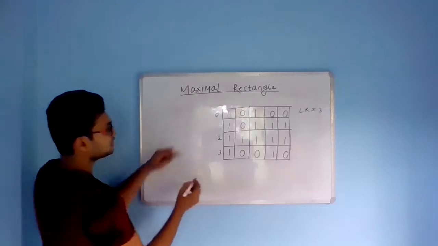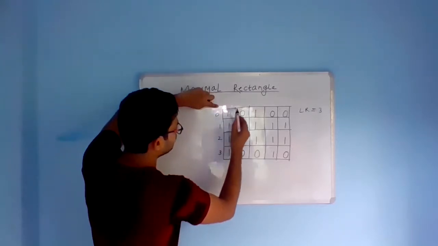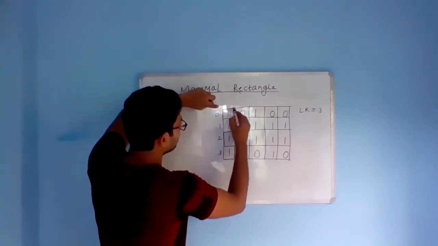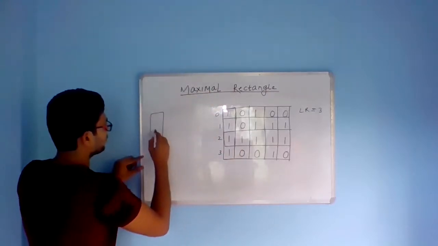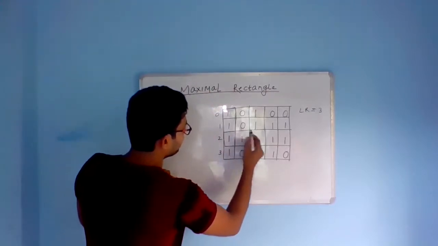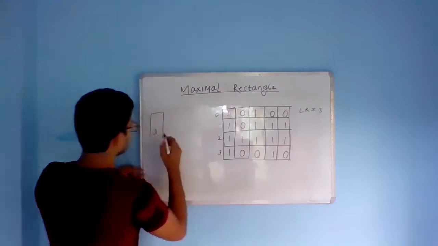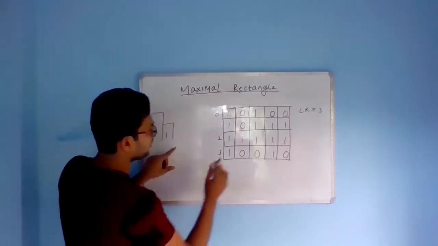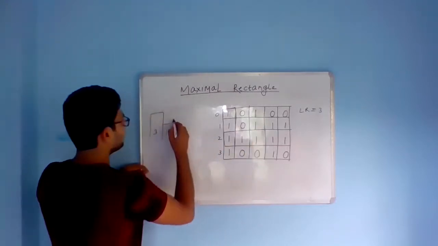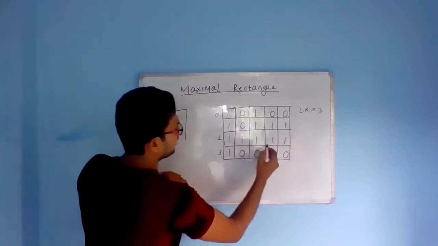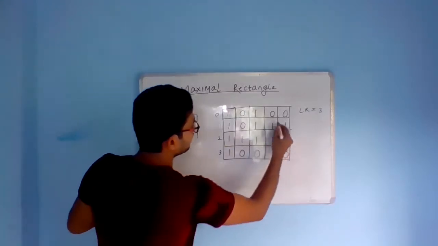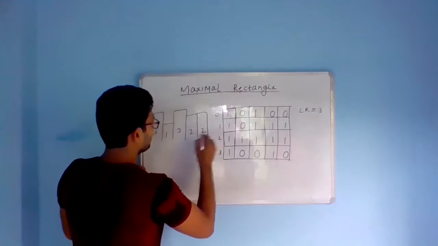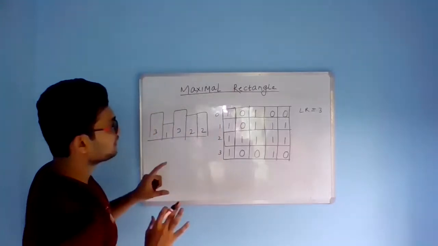If you include this, you can see this is one histogram bar with height 3, then we have this bar with height 1, and this is again a height of 3, and this has a height of 2, and this is 2.